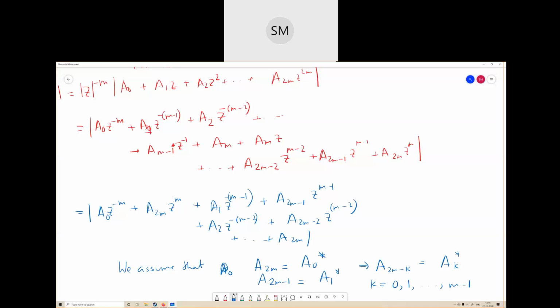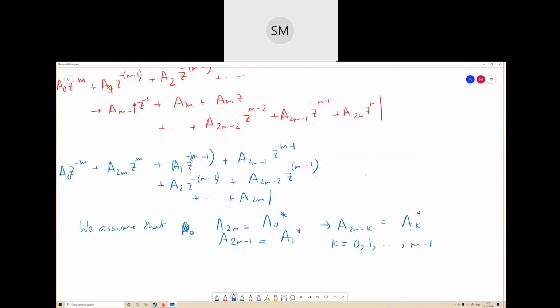Which means if Ak is equal to ak plus j bk, then A(2m minus k) will be ak minus j bk.